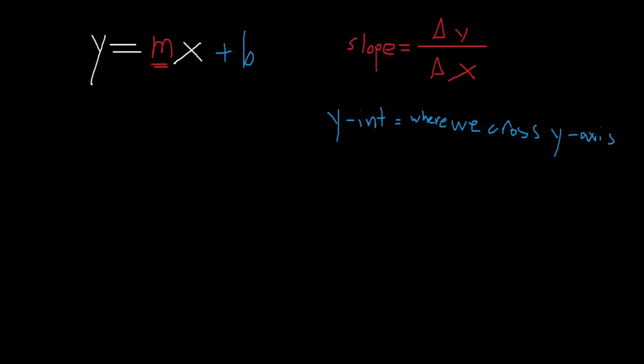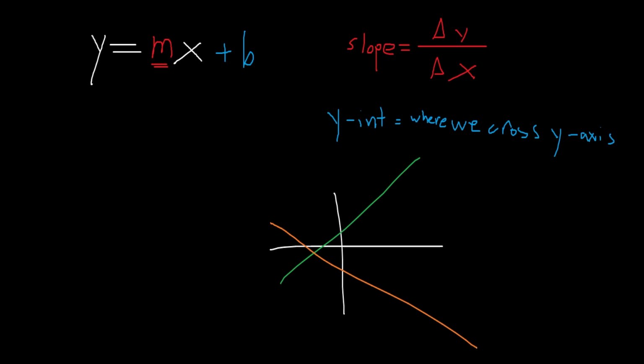So drawing some more functions. This time let's use green, and let's get fancy, use orange. These have different slopes, similar to before. However, they also have different y-intercept values. The y-intercept value is just where we cross the y-axis. The y-axis is the one going up and down.